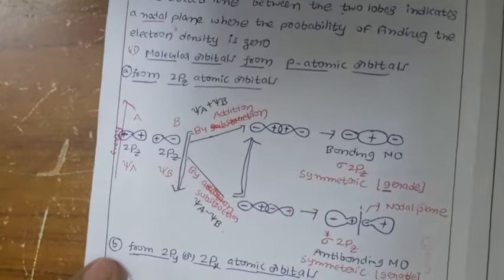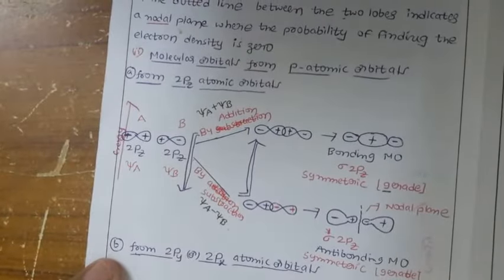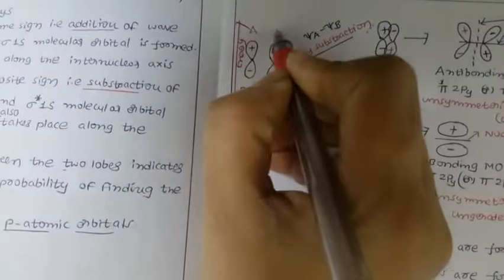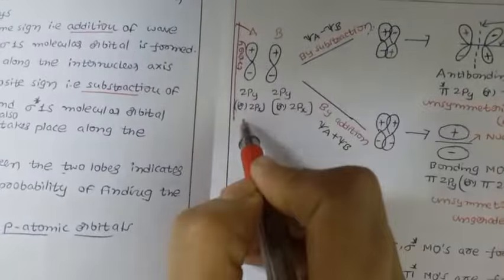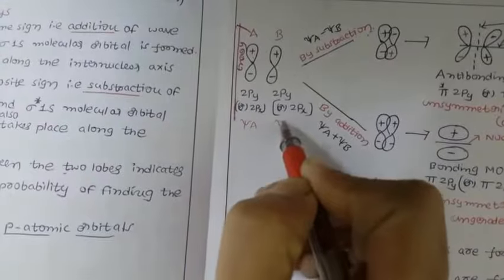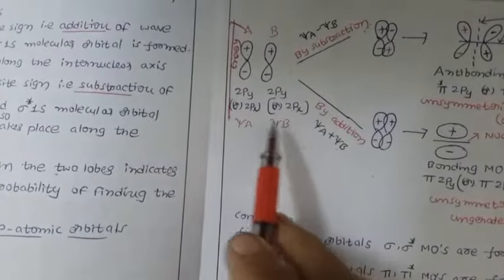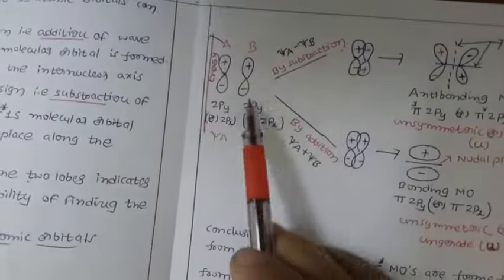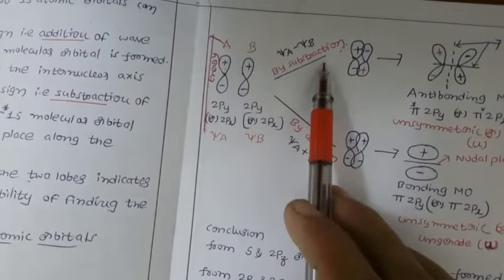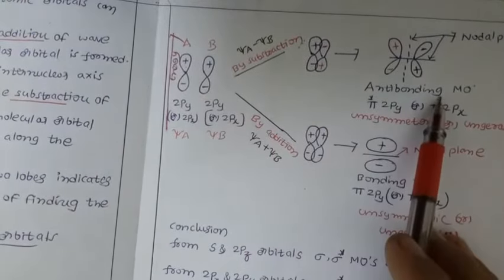Next, from the 2px and 2py atomic orbitals. Here this is atom A and this is atom B, and the orbital wave functions are psi A and psi B. You can take either 2py or 2px. If the orbital wave functions are subtracted, you are getting the antibonding molecular orbital.